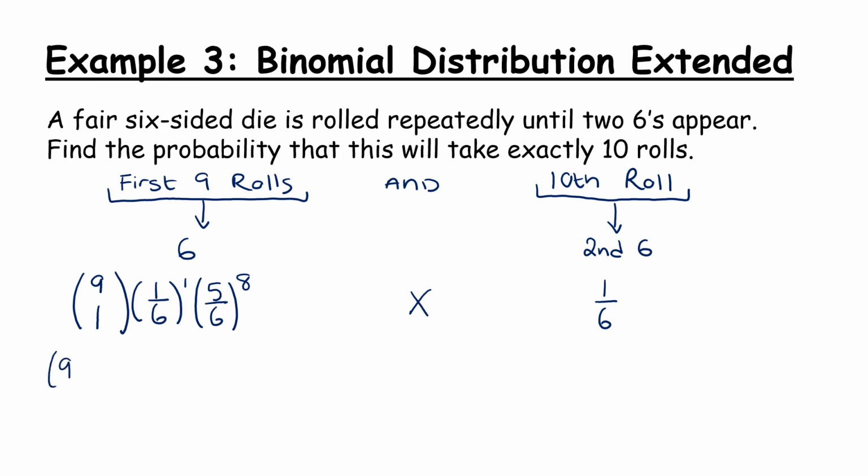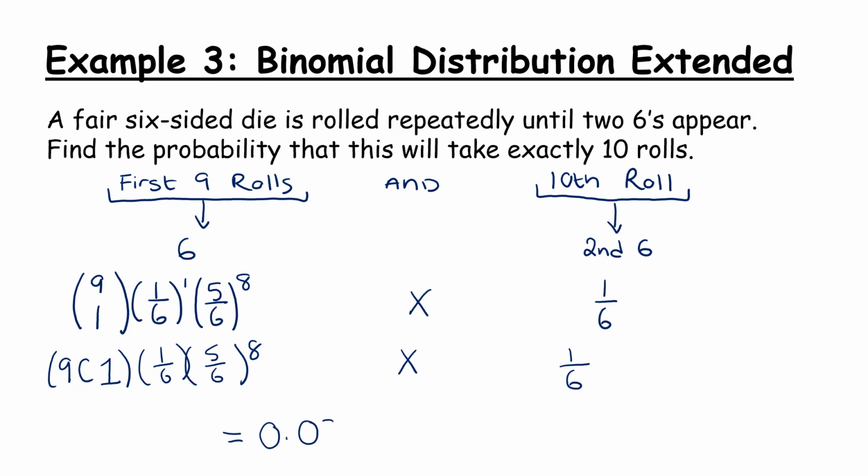We have nCr, so that's 9 choose 1, which is going to give us 9 times 1/6 times 5 over 6 to the power of 8, and we multiply that by 1/6, and when that goes into our calculator, we're going to have 0.058142, and we can put that back to a percentage, which is 5.8%.